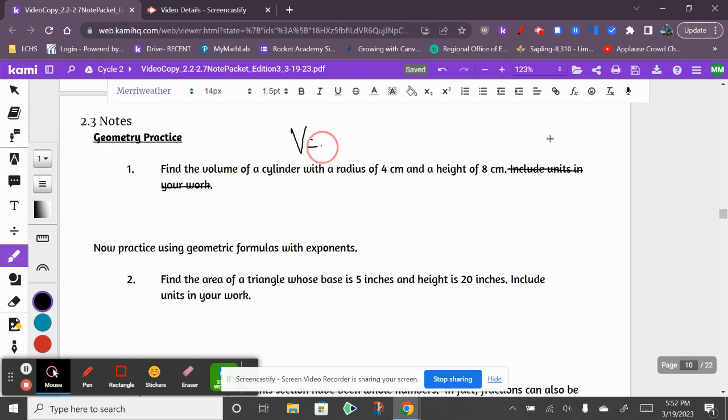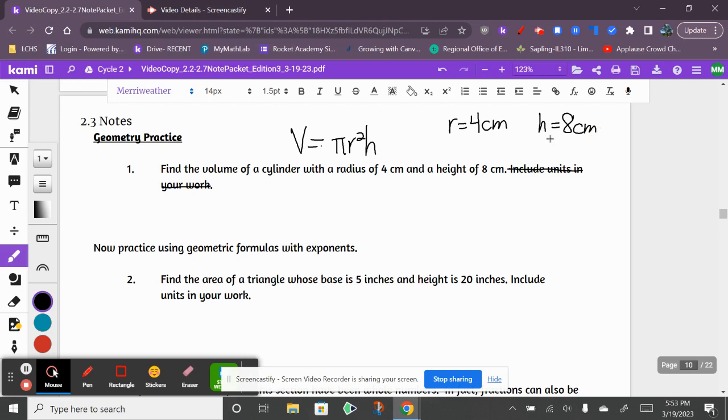The volume of the cylinder, the formula from the front page, is volume equals pi times r squared times h. So we need to know the radius and the height. So r stands for radius and h stands for height. So r will be equal to 4 centimeters and the height is equal to 8 centimeters.